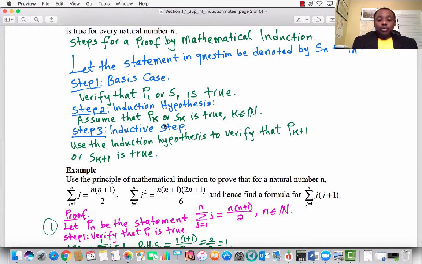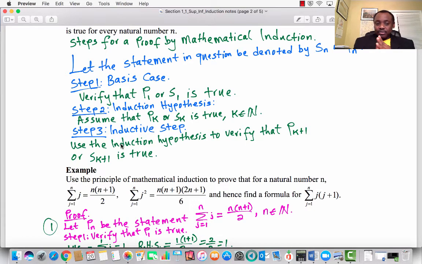This step is the most crucial of all the steps. Here you have to use the induction hypothesis to verify that P(k+1) is true. If that holds, then you can say by PMI, your statement, your mathematical assertion S(n) or P(n) is true for every n. So we have the basis case, we have the induction hypothesis, and then we have the inductive step.